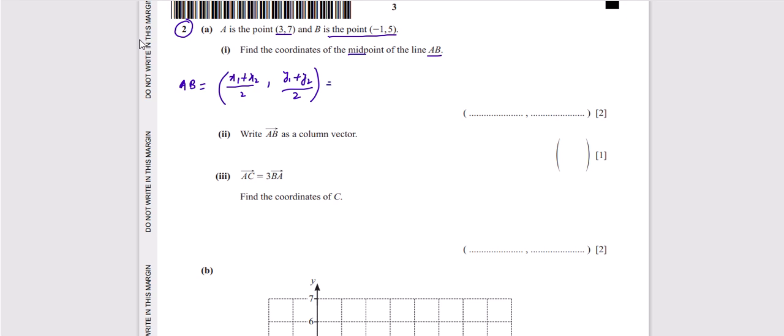Putting values of x and y, x1 is the first number, that is 3, plus x2 is -1, divided by 2. y1 is 7 plus y2 is 5, divided by 2.